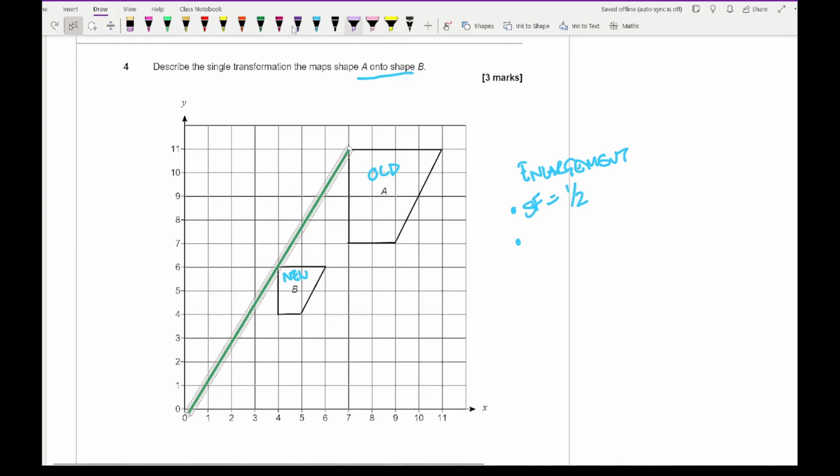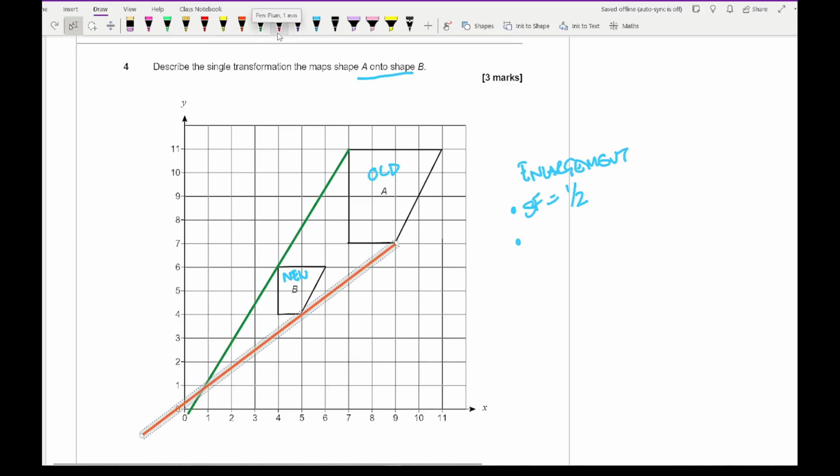So there's one, and then another one. This one here. And do the same. Hopefully the printing of your question is decent enough for it to fall nicely onto a point.